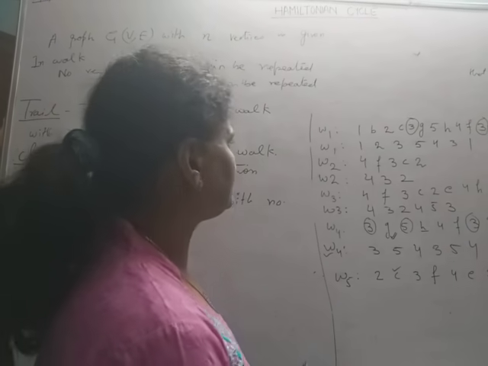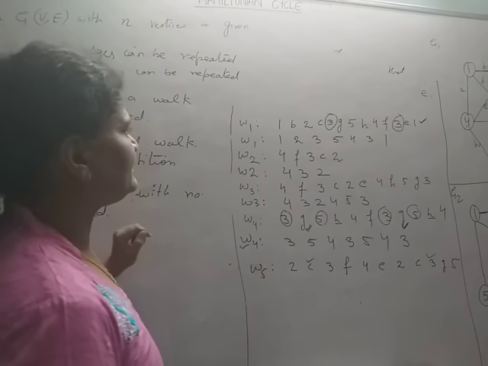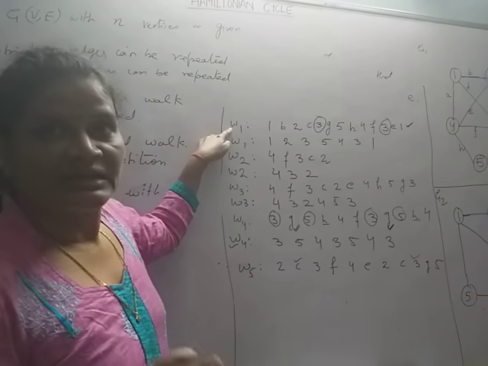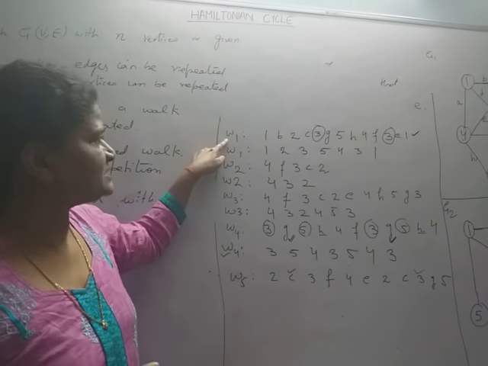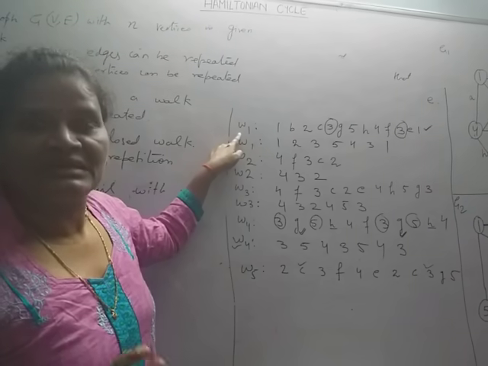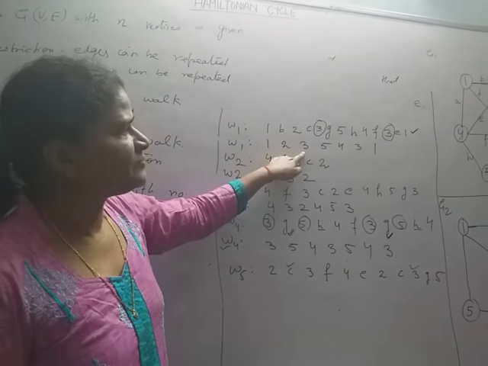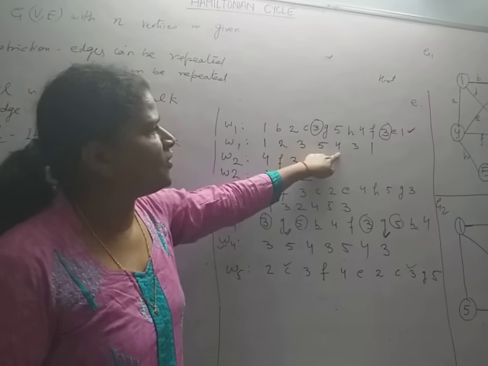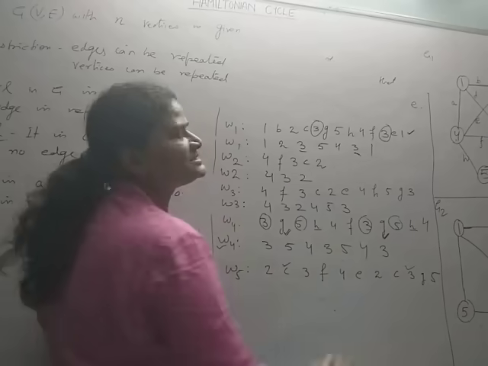See here, suppose this W1 is a walk as well as a trail. Now see whether this W1 is a path or not: 1, 2, 3, 5, 4, 3. Here the vertex 3 is repeated.